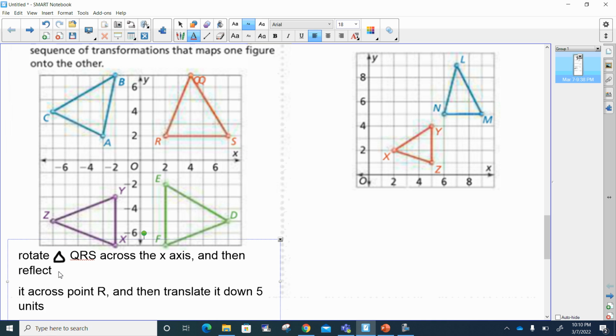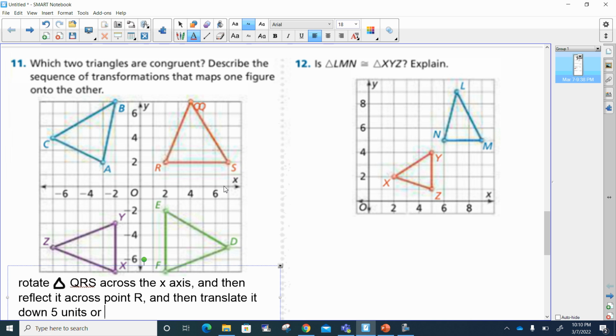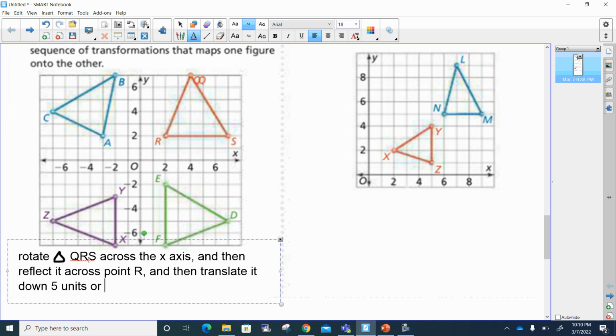Let's see here. Another way we could do this is quite the opposite. We could take EFD, okay, and then rotate it 90 degrees. Let's see, reflect it, and then let's see.